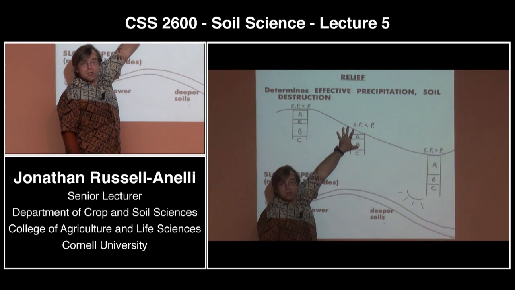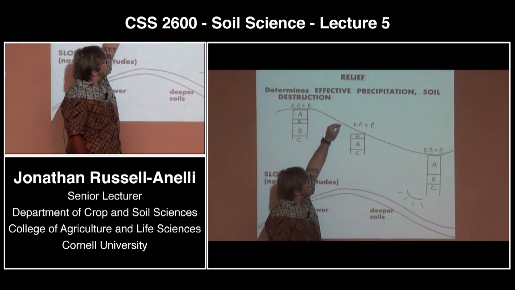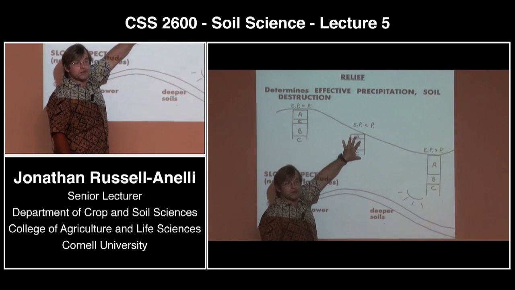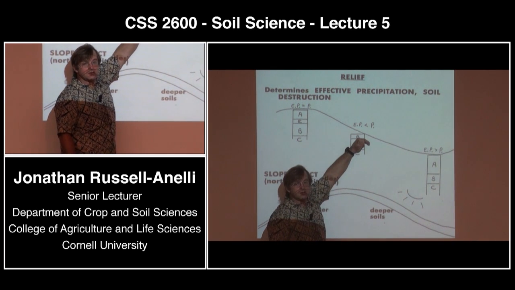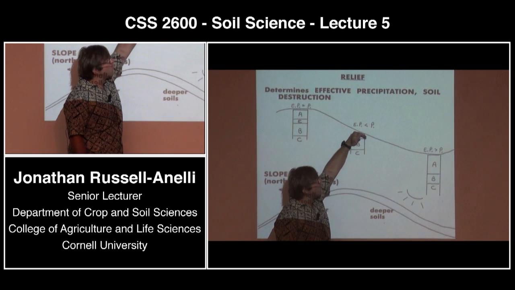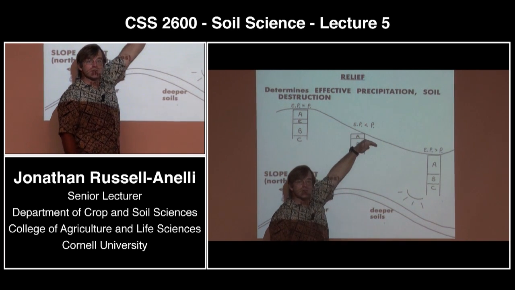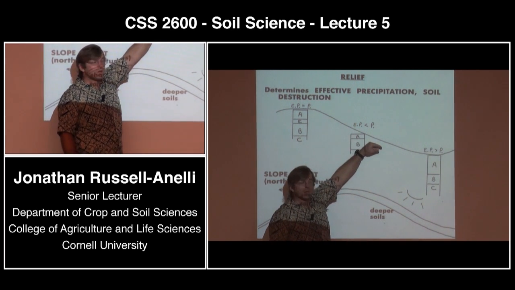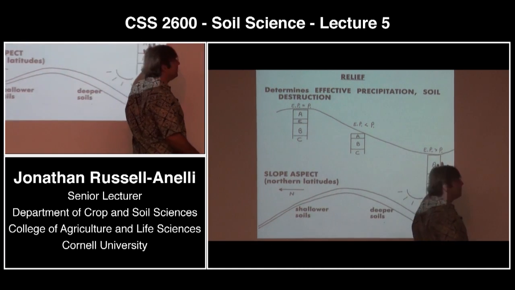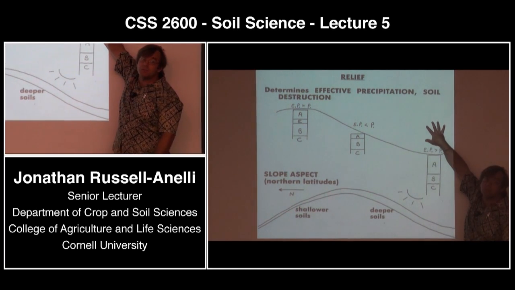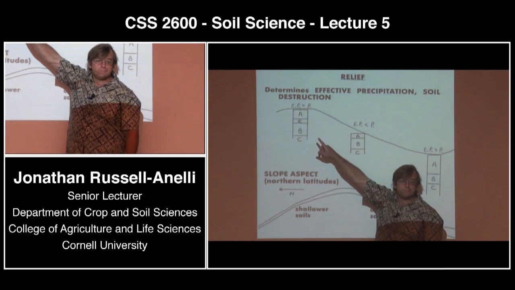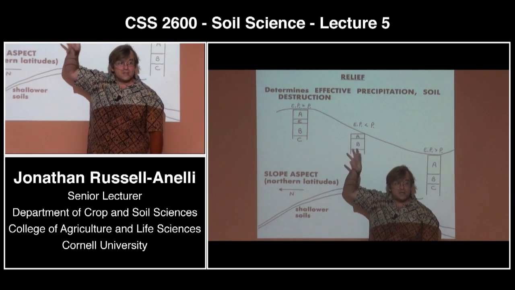Soils that are here, it rains here as well. Some of that water is going to infiltrate. But because of the slopes that are here, potentially more of that water is going to be overland flow and start moving down slope. Ultimately, we're going to get to the bottom of this hill. It's going to be raining just as much as it is up there, so I'm going to get all that delivery of water.